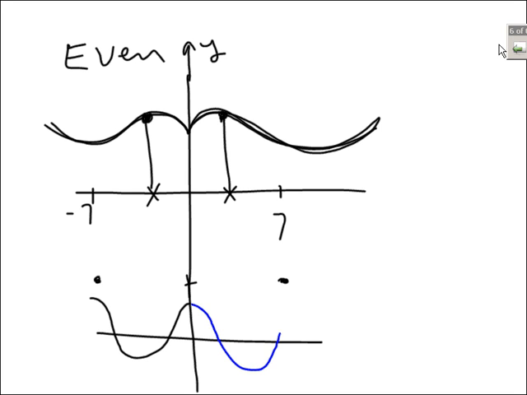It's the mirror image. There it is. You get stuff for free. If you know what one part of the graph looks like, then you can find out what the other side looks like. That's what an even function does. It reflects across the y-axis. They're mirror images.